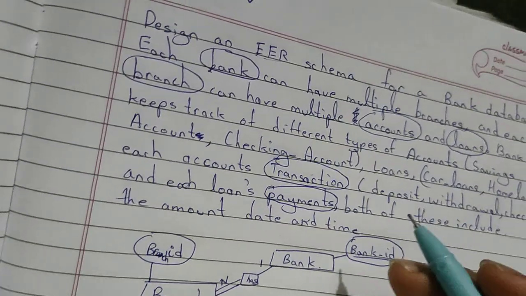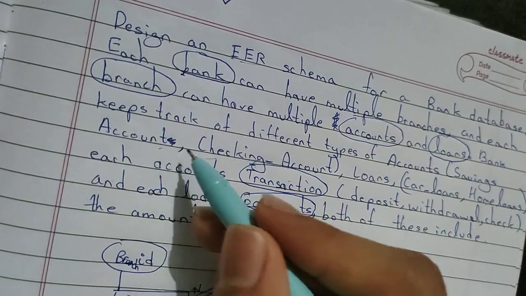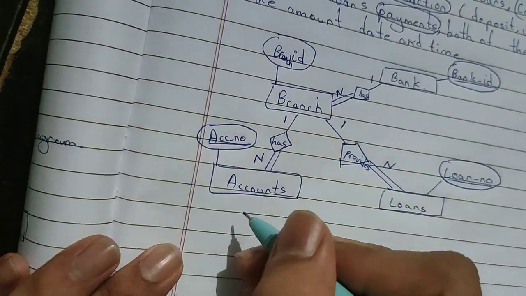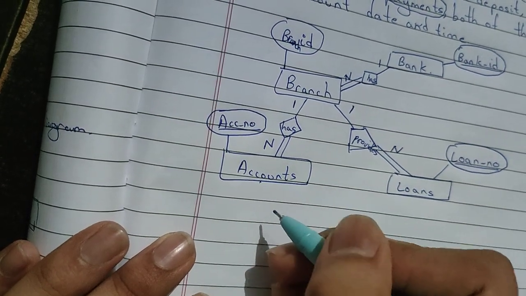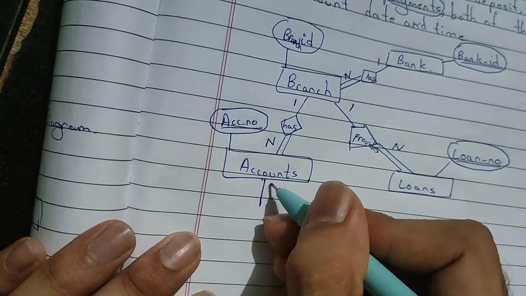Okay. Now in accounts there are types, okay? There's a checking account and then there's a savings account. So an account can be either one, no, a checking account or savings account. It can't be both at the same time, correct?